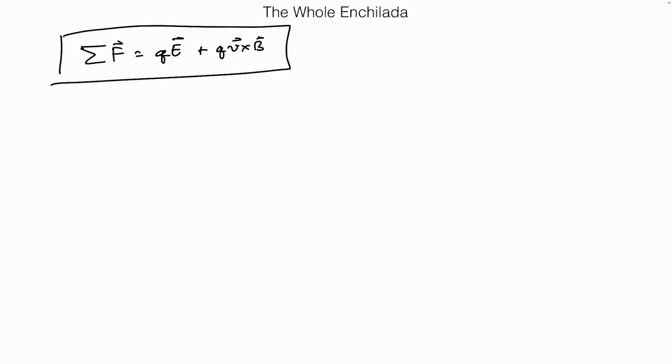QE, we got all the way back in the second chapter of this course, and it kind of stuck with us the whole time, didn't it? I mean, even in circuits, the electric field was pushing stuff around and doing all these things, right? A lot of times this is written as Q times E plus V cross B, just to pull the charge out.